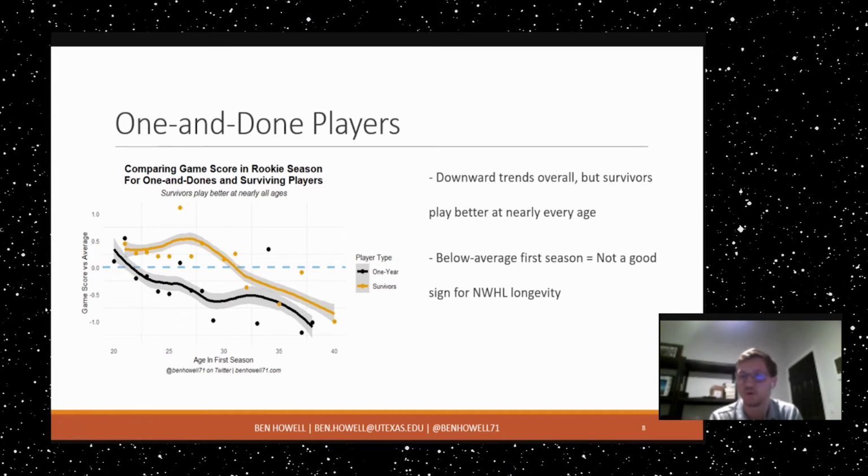So it's hard to draw huge conclusions from this, other than the fact that if you don't play well in your first year in the NWHL, it's not a good sign for your longevity in that league, which makes sense when teams don't have the luxury of developing players because there's less money to go around. You need to have players who can contribute to your roster.